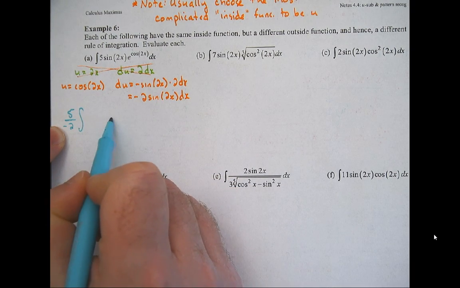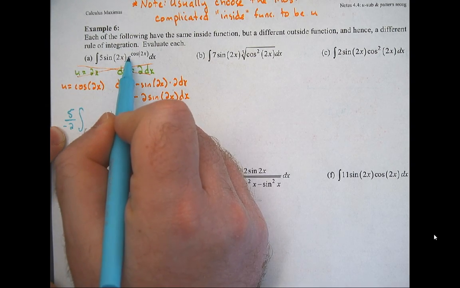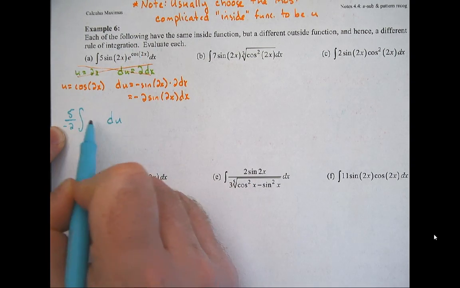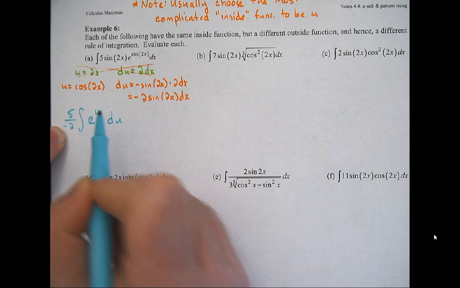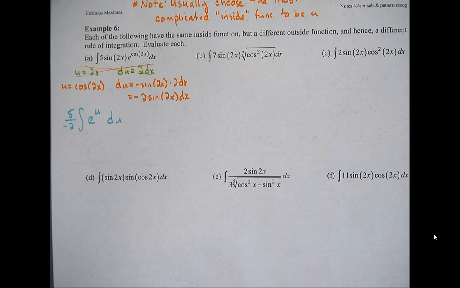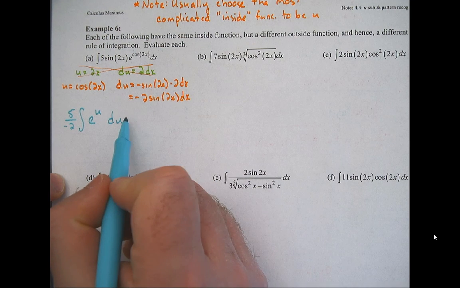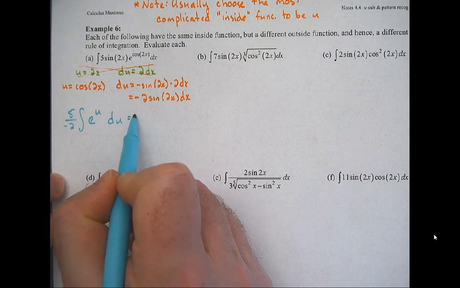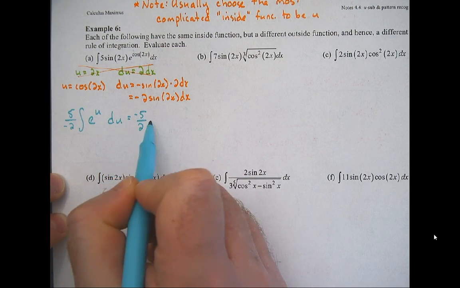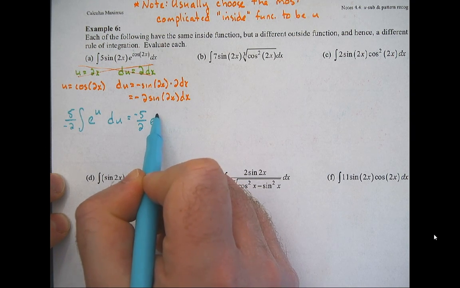So my function is going to be e to the, and we already defined u to be cosine of 2x. Look how much simpler that integral is now, the integrand. So now I can integrate this. I would get negative 5 halves. What's the integral of e to the u? e to the u.